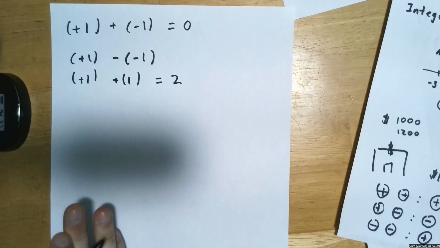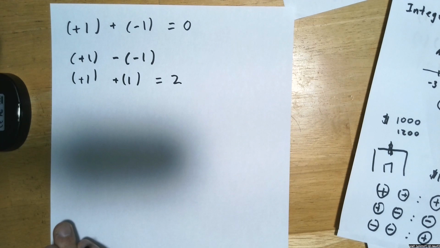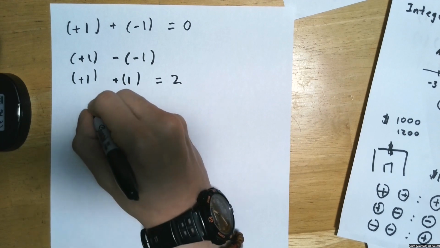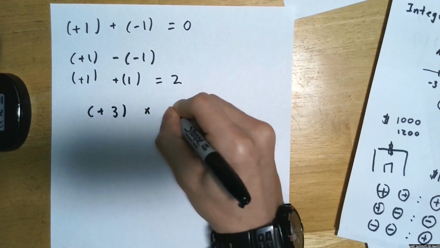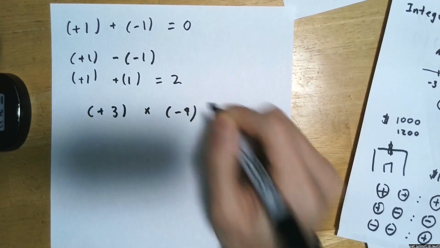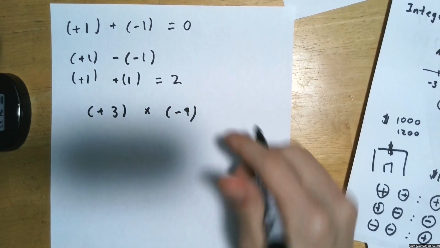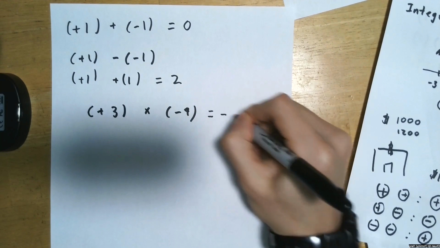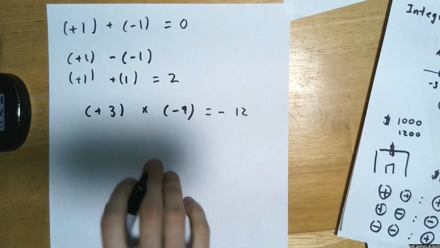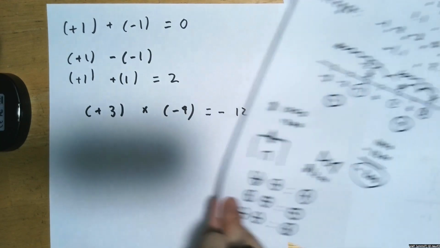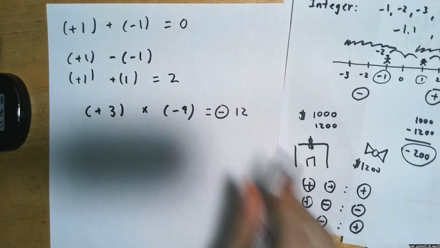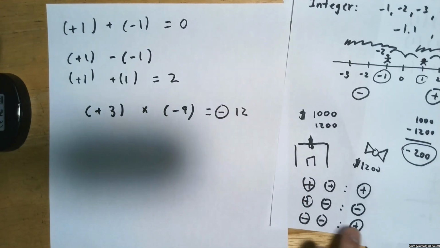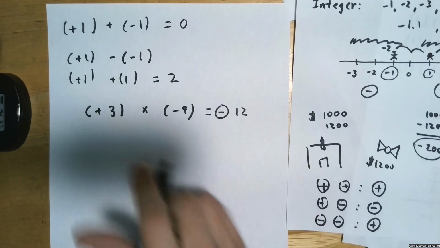Another thing to understand is this rule also applies to multiplication and division. If you were to multiply positive 3 times negative 4, what number would you get? You will get negative 12. Remember, this is because a positive multiplied by a negative is always going to end up with a negative number, whereas two negatives will be a positive and two positives will be a positive.